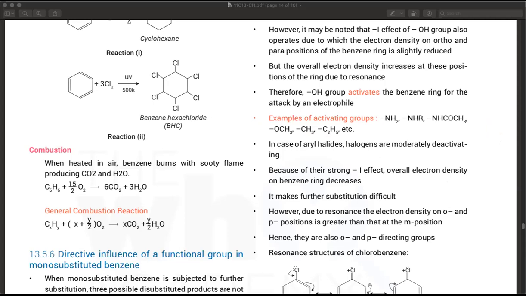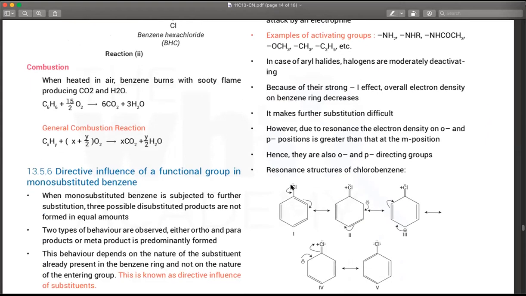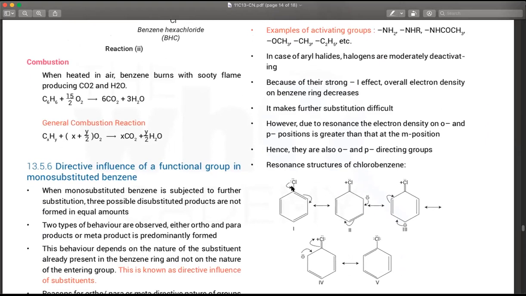Halogens have a tendency to attract electrons. They're electronegative, but the thing is, with halogens, the lone pair of electrons contributes to the resonance. It activates the ring, but halogens also exhibit a really strong minus I effect because of their electronegativity.